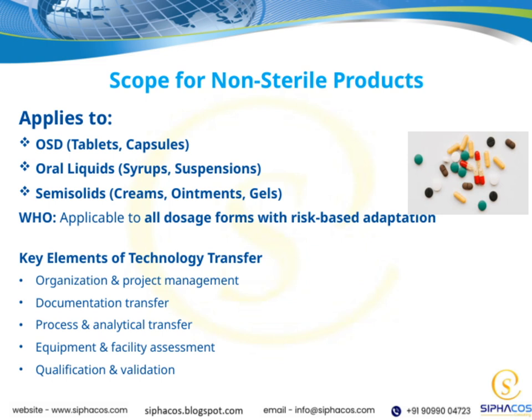Additionally, equipment and facility assessment are necessary to verify that the new environment supports the product requirements. Finally, qualification and validation are essential steps to confirm that the transferred technology performs reliably and meets all quality standards.